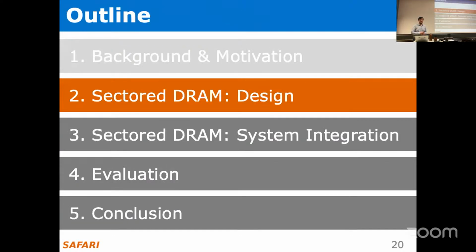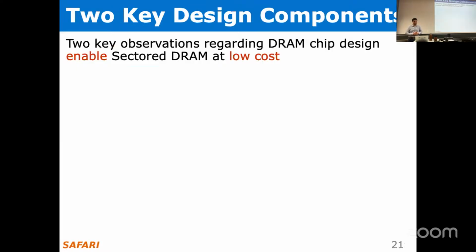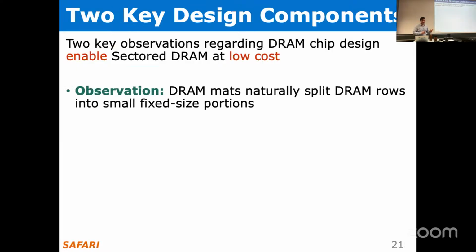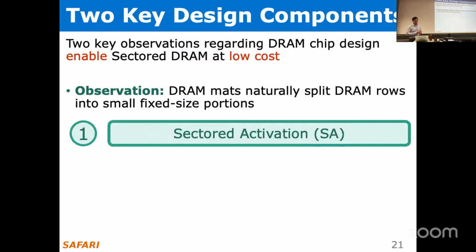Now let's see how Sector DRAM mitigates energy waste. It has 2 key design components. First, we find that modern high-performance, high-yield DRAM architectures already split DRAM rows into physically isolated small fixed-size mats. Leveraging this observation, the sector activation component enables fine-grained DRAM activation at low cost.